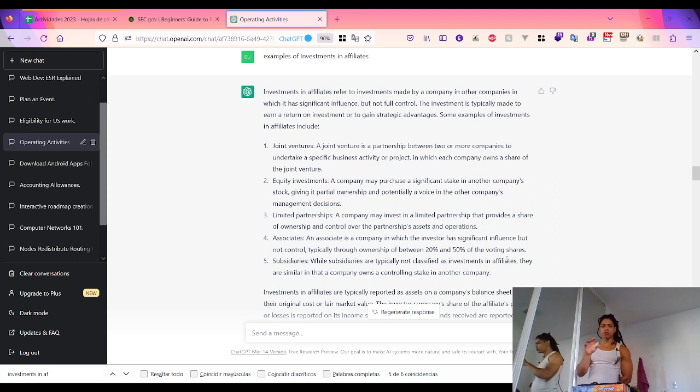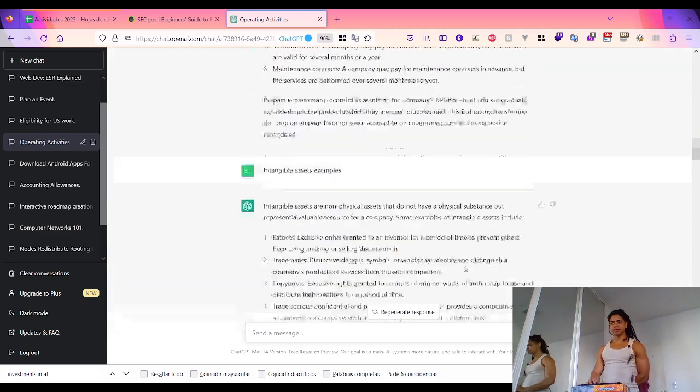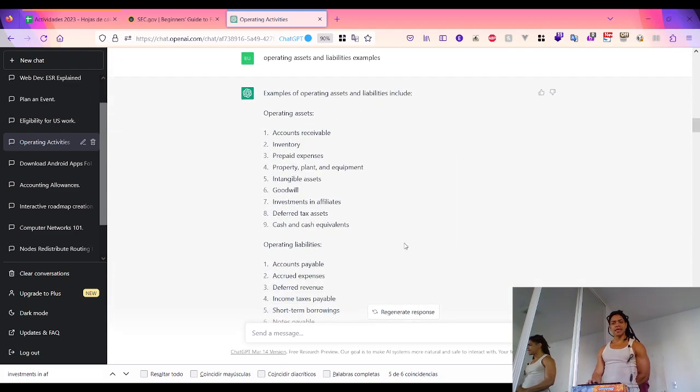And after all, what we are talking about is the operating assets. The others are deferred tax assets and cash and cash equivalents. Example of deferred tax assets.